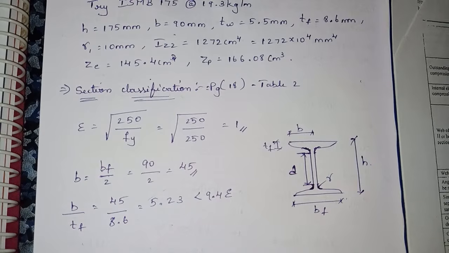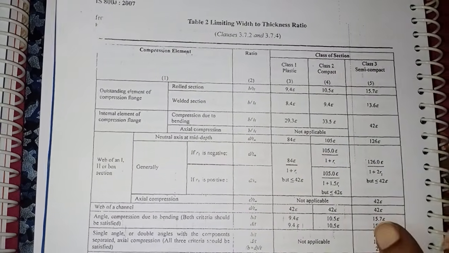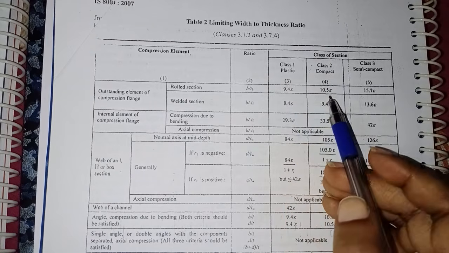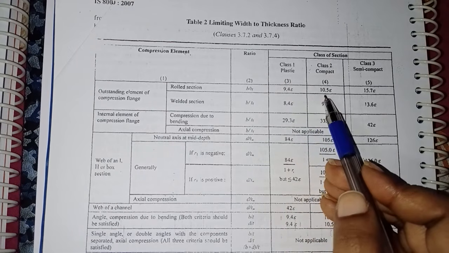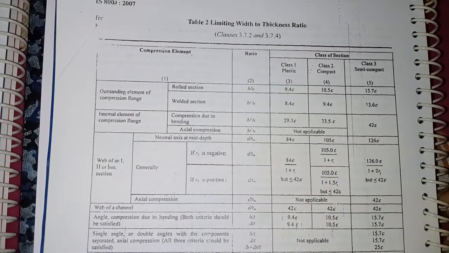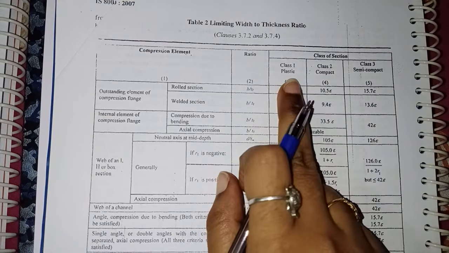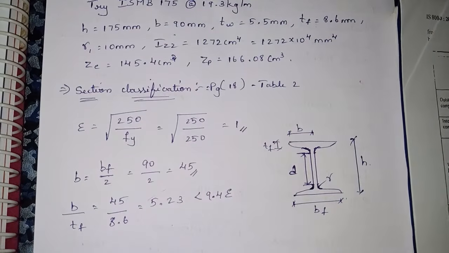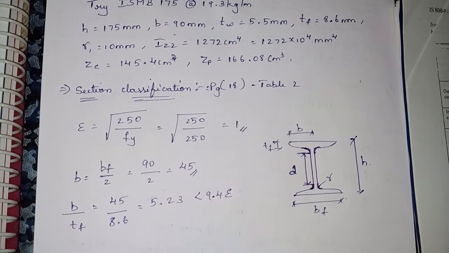If it is lesser than 9.4, what is our answer? It is a plastic section. If it were greater than 9.4 and lesser than 10.5, it could have been compact or semi-compact, depending on the values. Now it is plastic, so here you got the answer. Now it is 9.4.